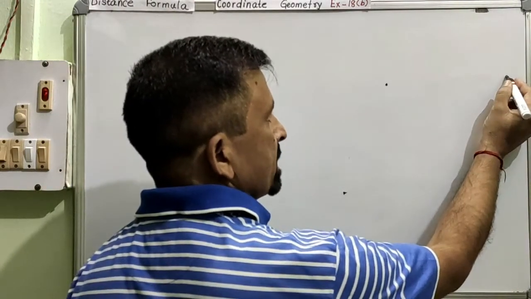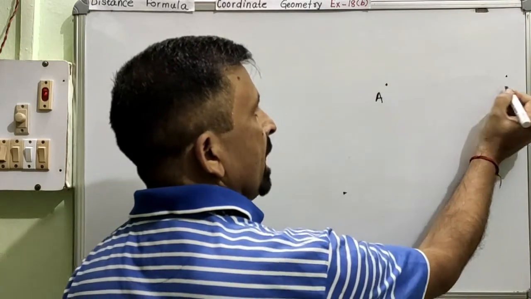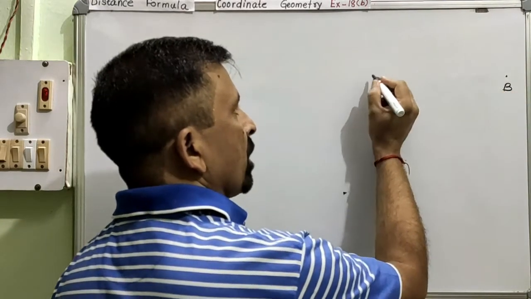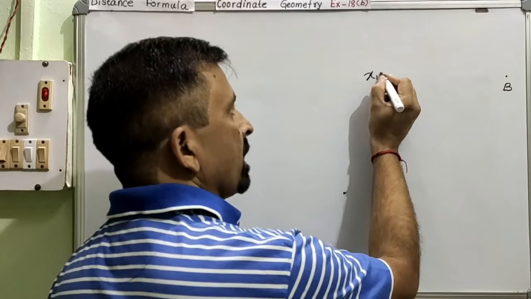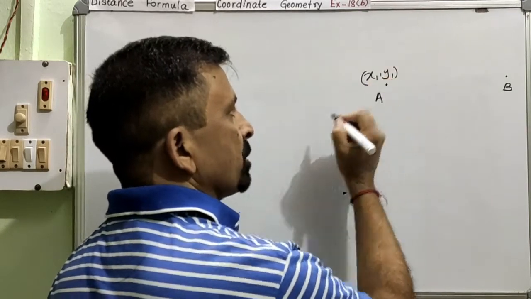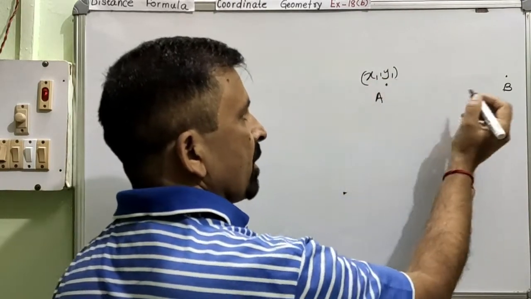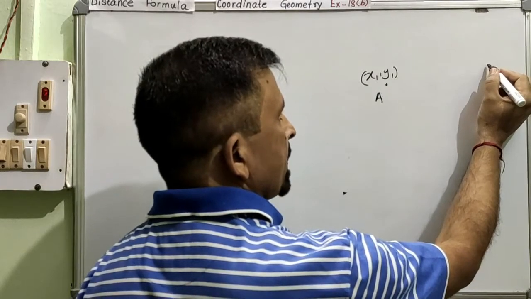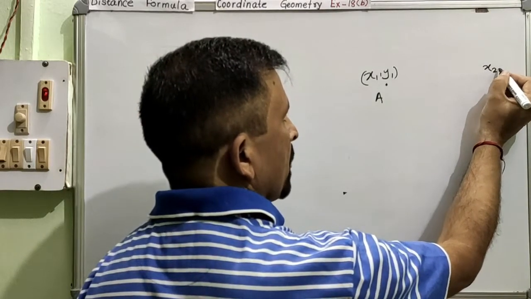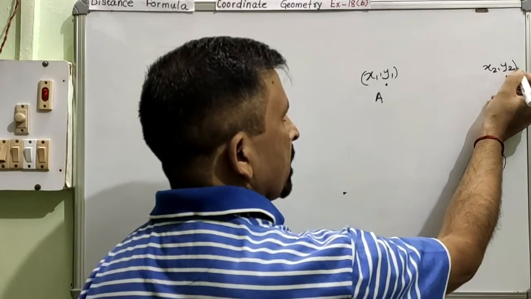These are the 2 points, right? This is A and this is B. Suppose the coordinate of A is x1, y1 and the coordinate of B is x2, y2, right?